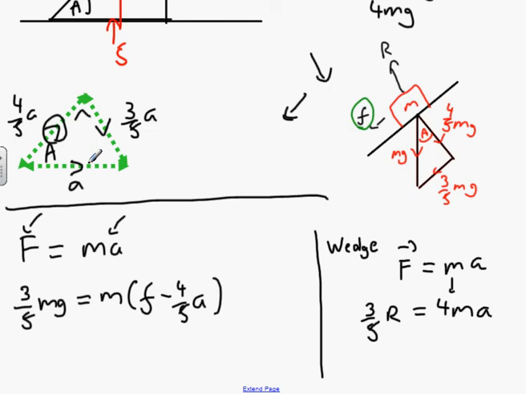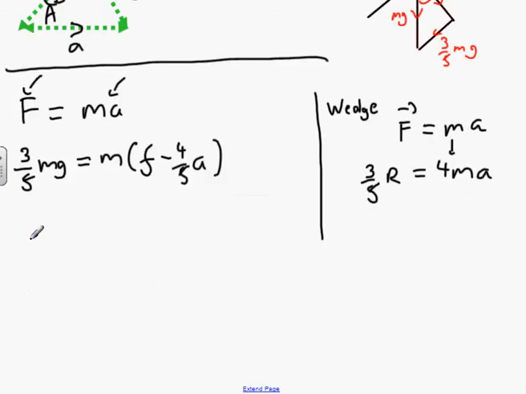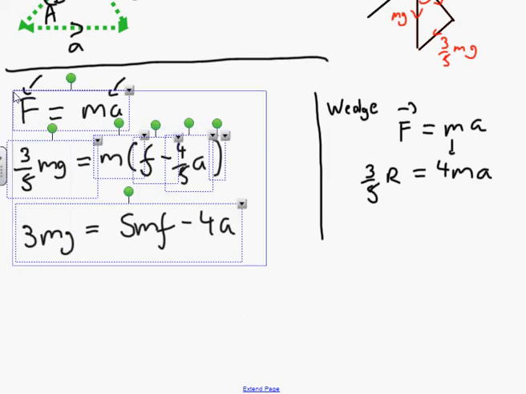Okay, now that's the first one. We're going to multiply both sides by 5 to make this easier on ourselves. 3mg equals 5mF, and then minus 4a. Okay guys, now we're going to look at the next equation. So this one here, done and dusted, box it off.